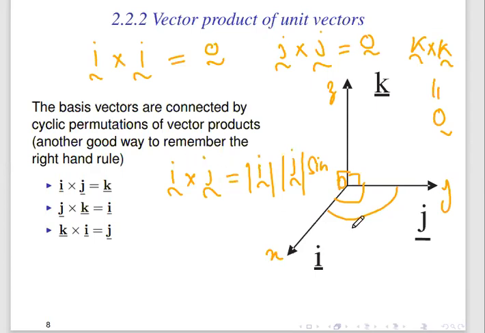What is the angle between I and J? Pi by 2, that's right. Pi over 2, 90 degrees.